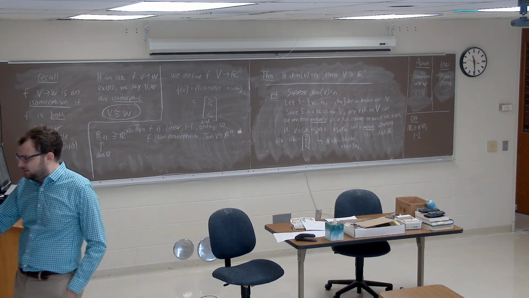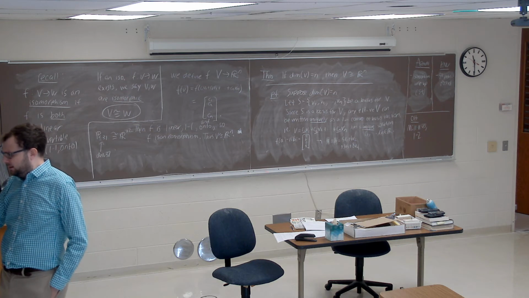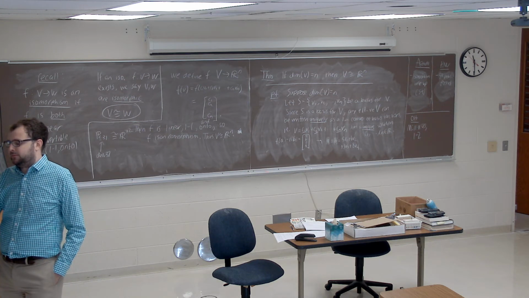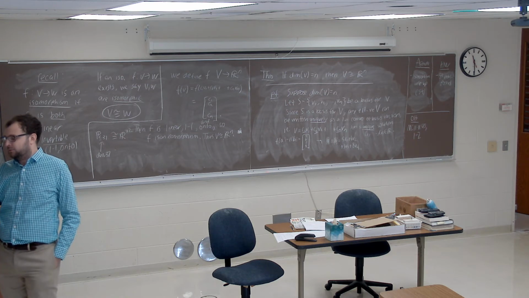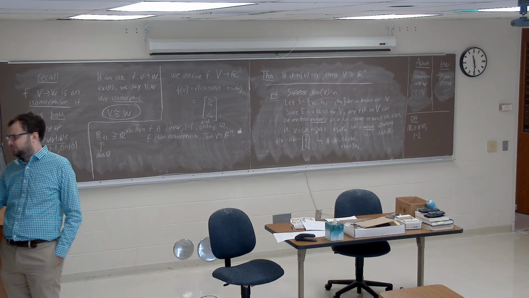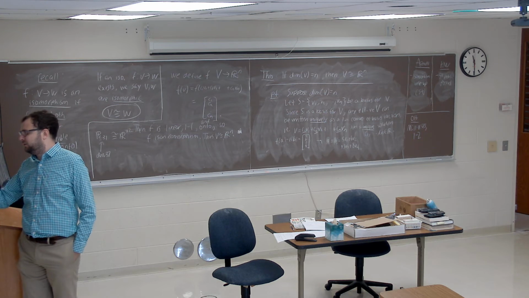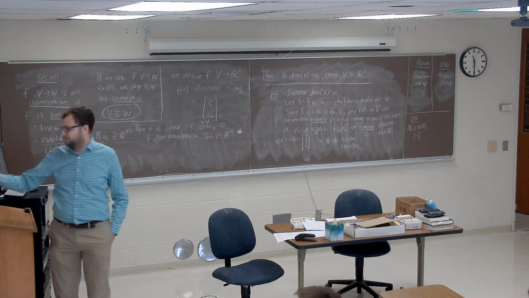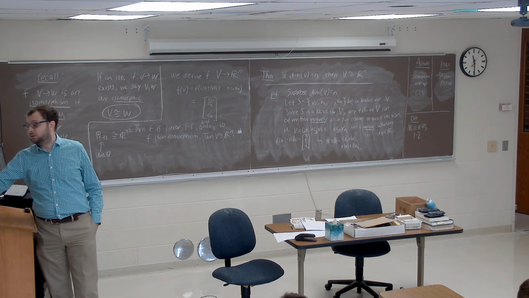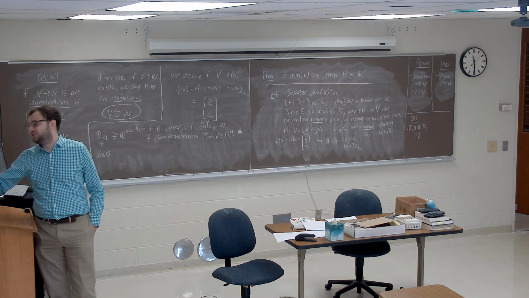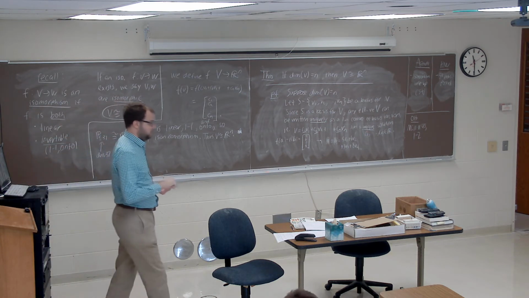So let's do that. Let's suppose we know that f of v1 is equal to f of v2 for some little v1, little v2 elements in big V. And our goal is going to be to show little v1 has to be equal to little v2.